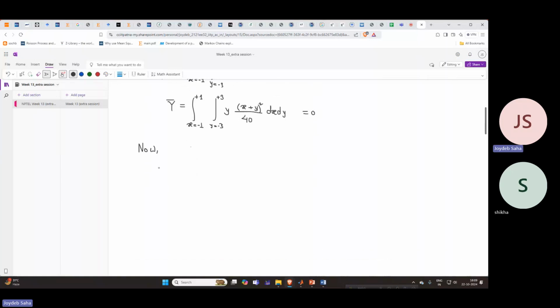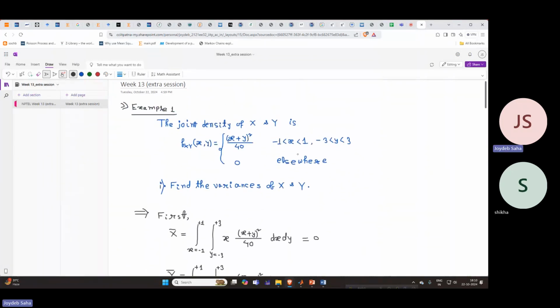Okay. Now we will go to expectation of x square. Expectation of x square is, similarly, x is equal to -1 to +1, y is equal to -3 to +3.